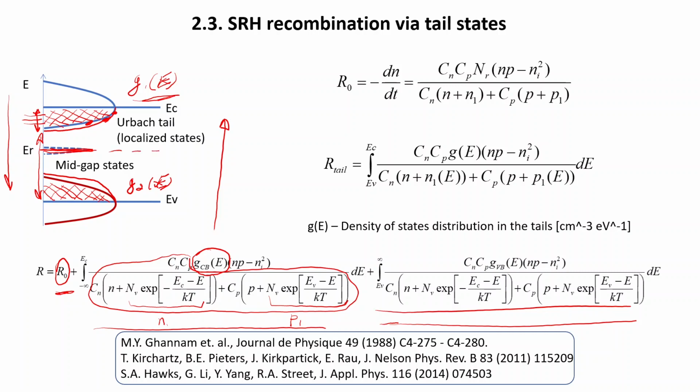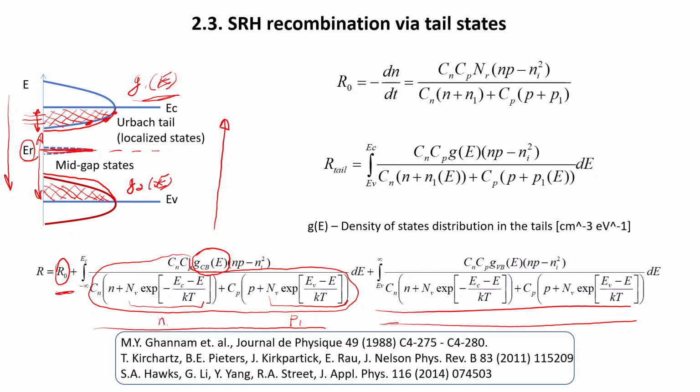Then this one will make the major contribution to trap-assisted recombination. Also, of course, per single defect center, because the concentration can be high or low, so that's difficult to say in general. But per single defect center, this will be the most efficient recombination center.